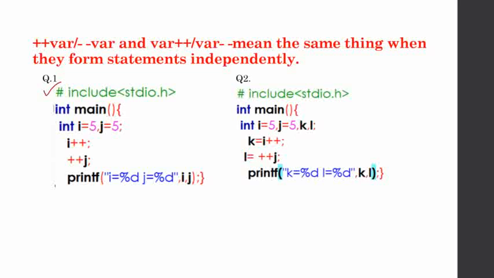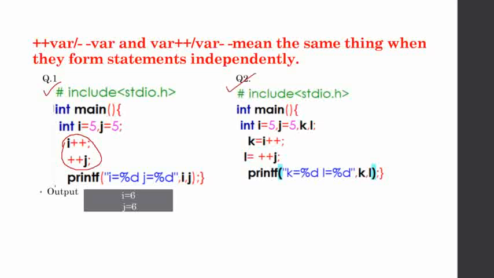Now in question one, i and j both are independent, and we know that in the independent case, post increment or pre-increment have the same effect. So in this case i and j both will increment their value by 1. So the output is i equals 6 and j equals 6.